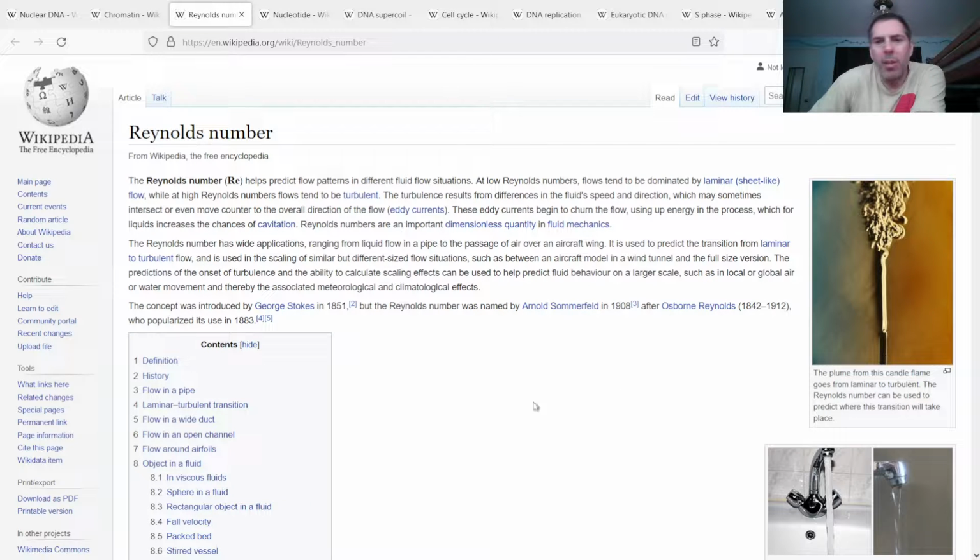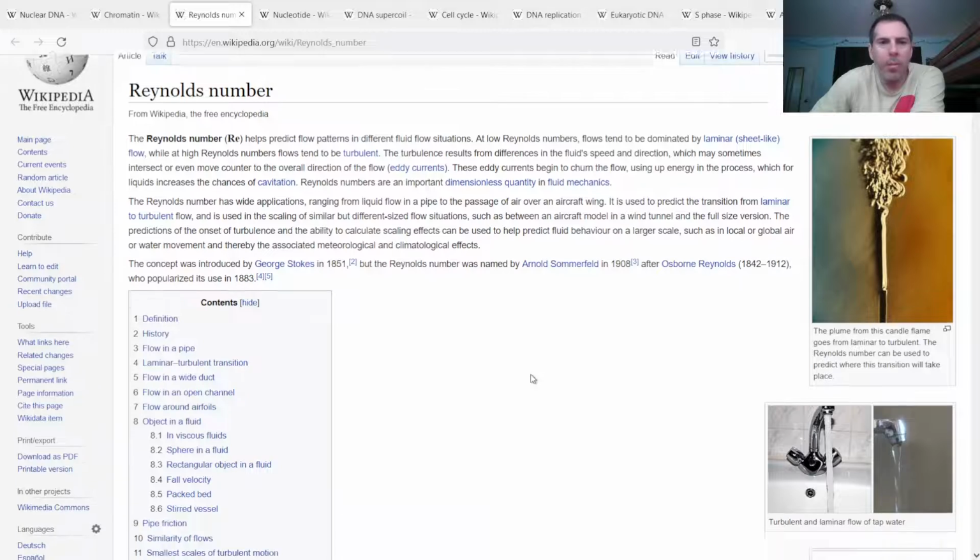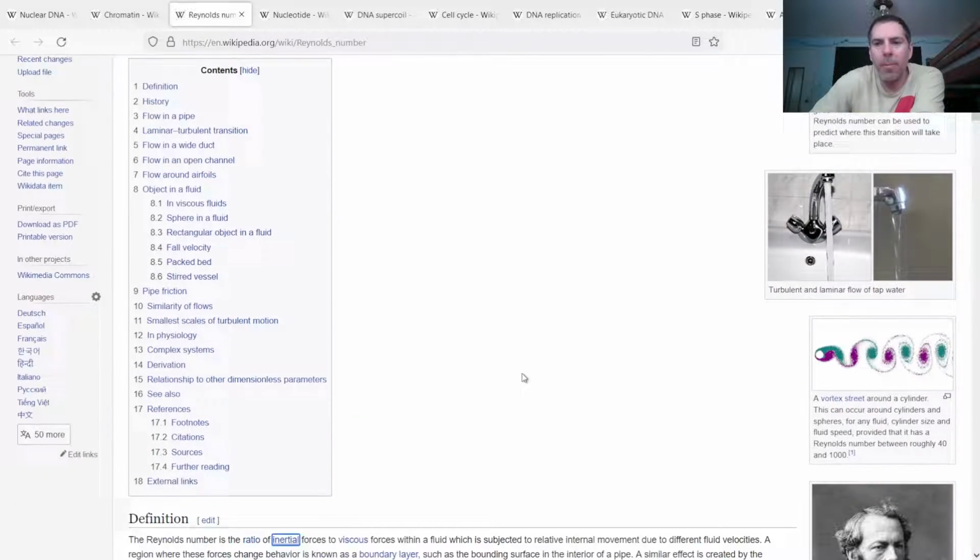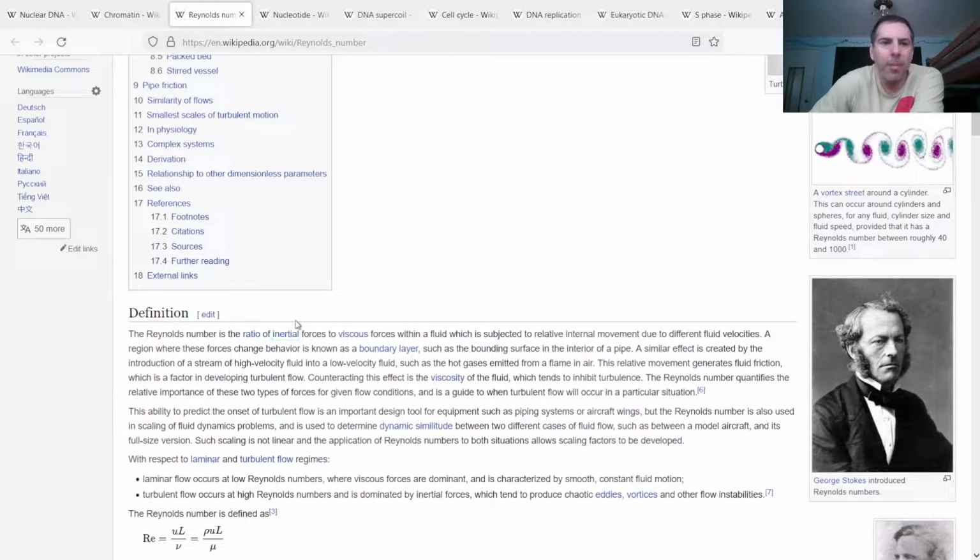One thing to mention is that inside of the cell, it's not the same kind of situation that we experience in water. Even though the cell is made of water, at that level, the Reynolds number is very low. The Reynolds number is a ratio of inertial forces to viscous forces.